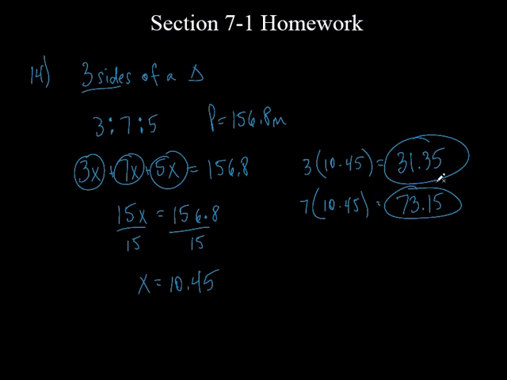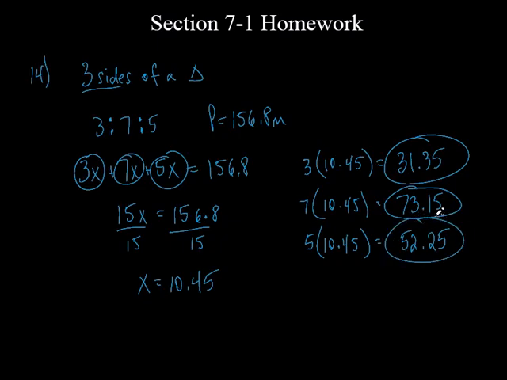If you round it like they did in the book, of course, that's fine as well. Now let's take 5 and multiply it by 10.45. I got 10.45 times 5, and that gives you 52.25. And the book says 52.3.